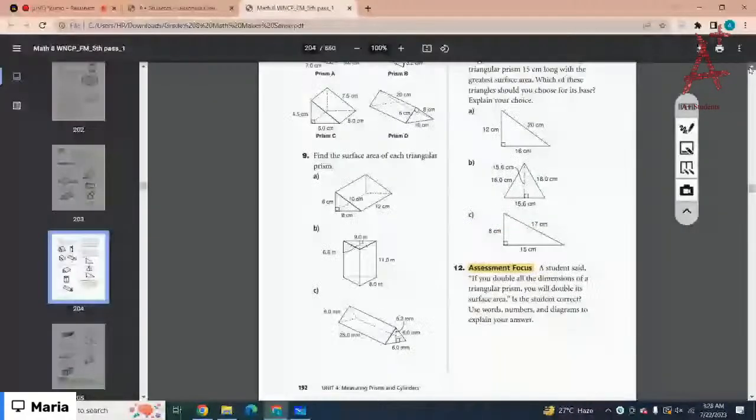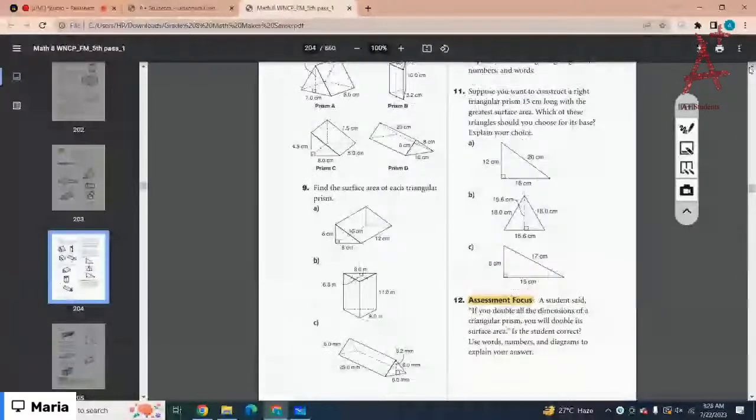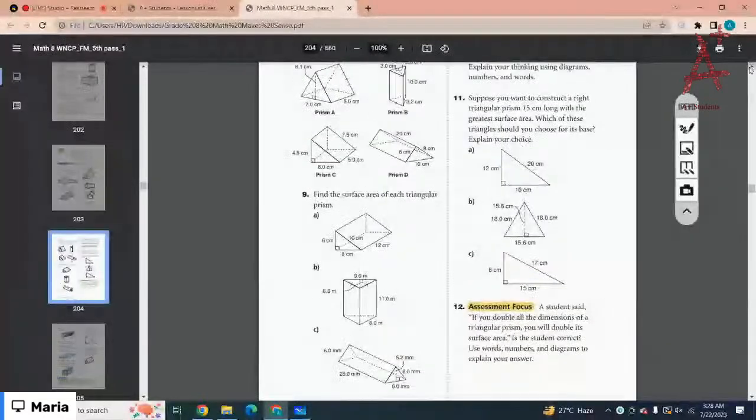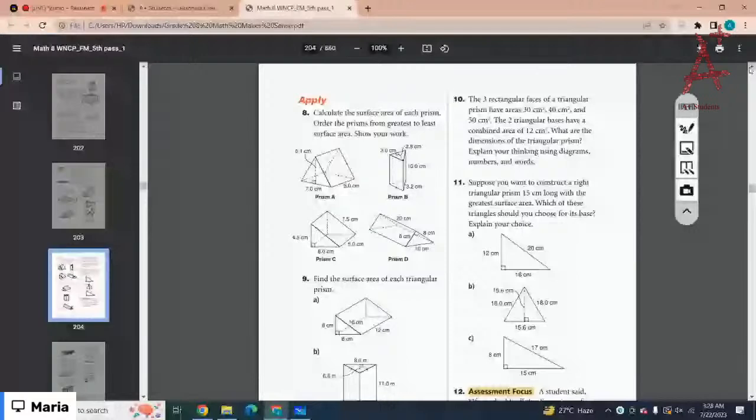Okay, for question number 9, you have to do the same thing. You have to calculate the surface area of the triangular faces. Let's just look at question number 10. The three rectangular faces of a triangular prism have areas 30 centimeter square, 40 centimeter square, and 50 centimeter square.